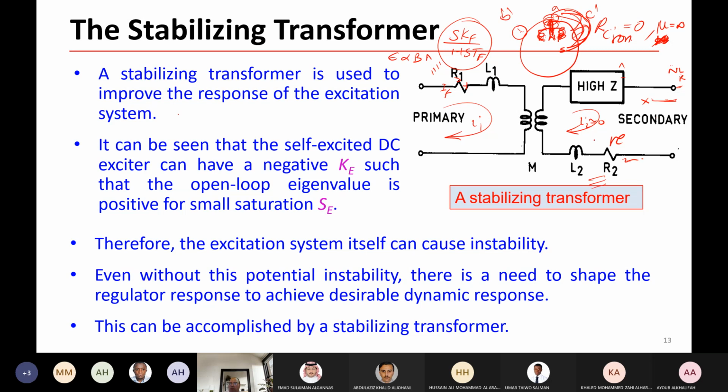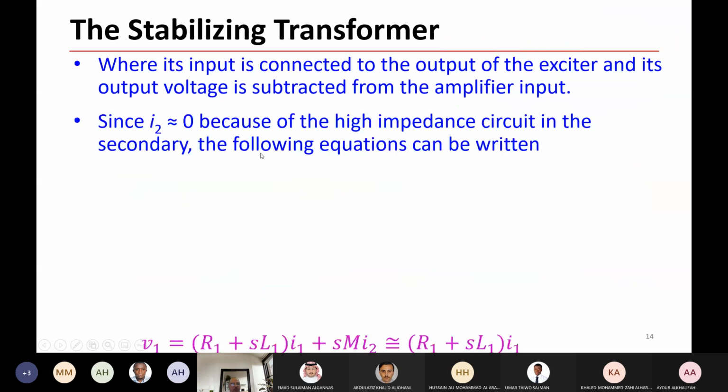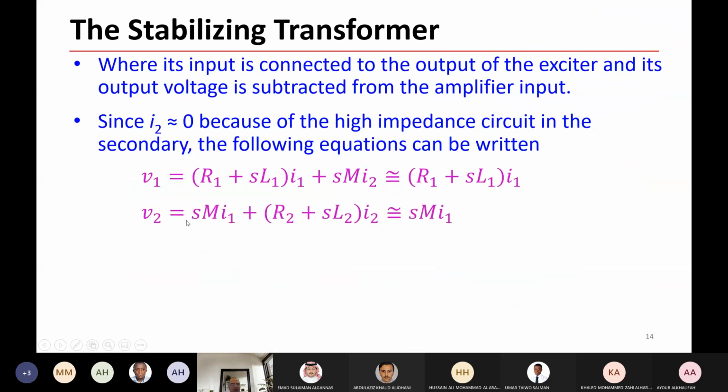And we can write also the KVL for the secondary: V2 equal to (R2 plus sL2) times I2, which is almost 0, plus M di1/dt, so sM I1. So V2 equal to sM I1 plus this other term, which is a very small value because I2 is approximately 0.